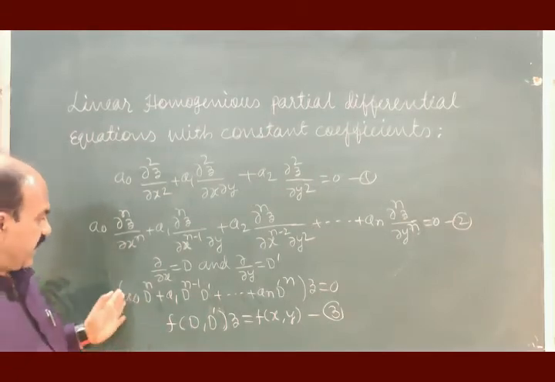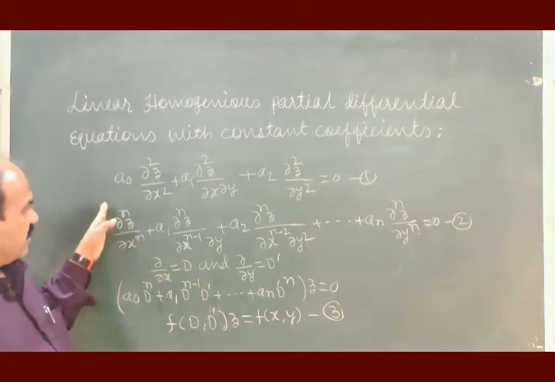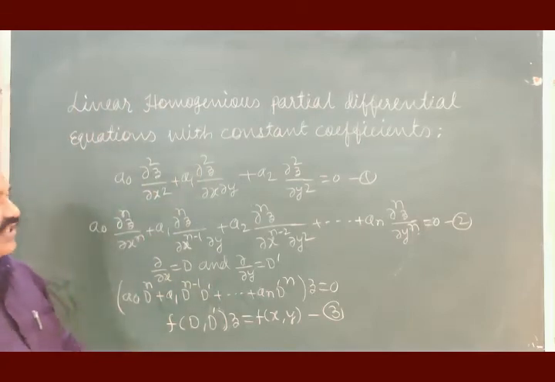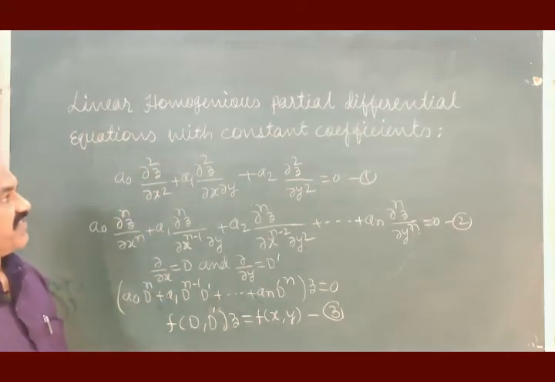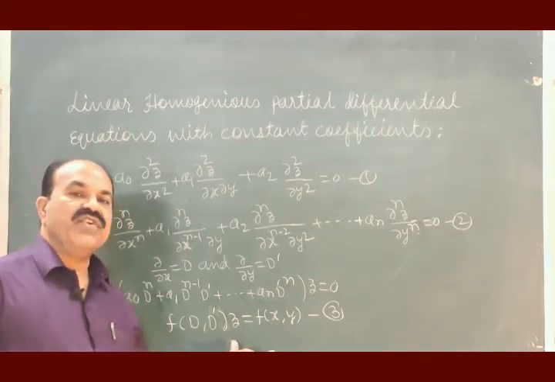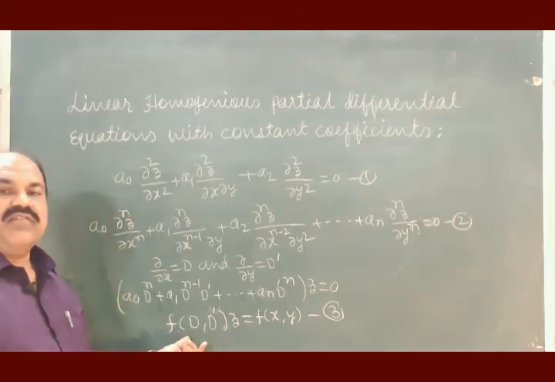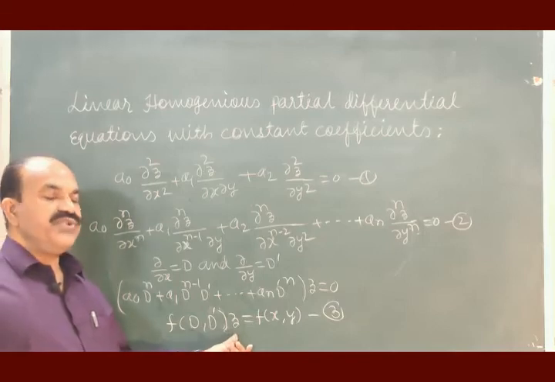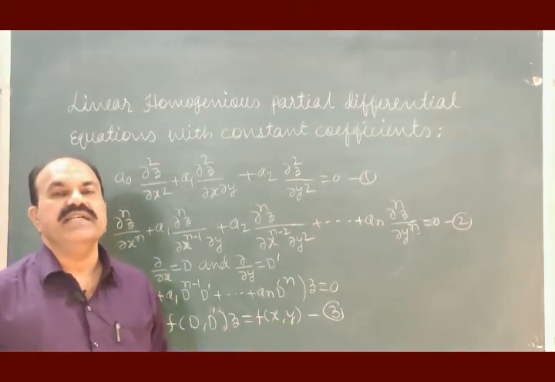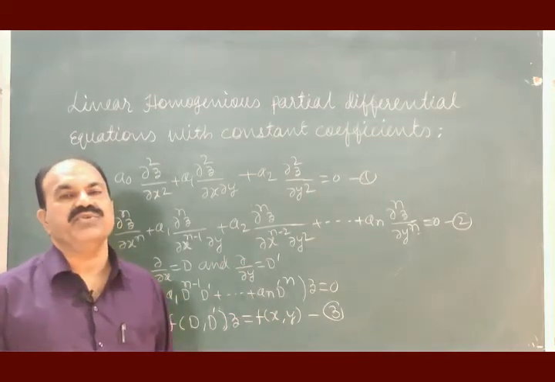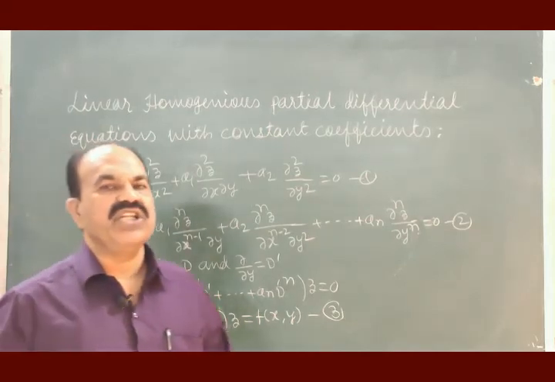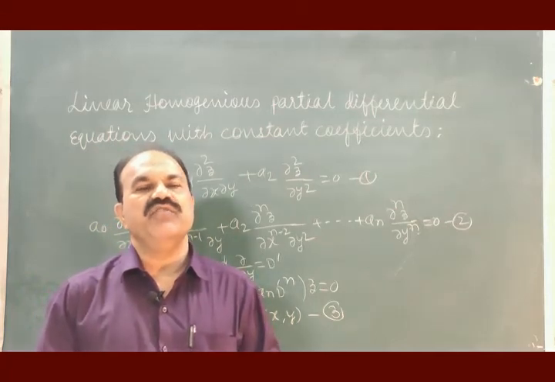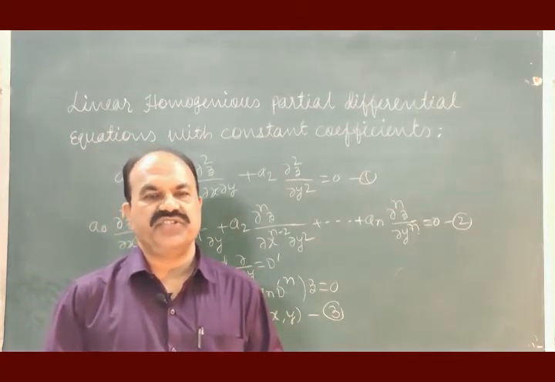And so any such equation, or any other equation which is linear homogeneous partial differential equation with constant coefficients, will always be written in this format, that is f(D, D') z = f(x, y), and this format is known as linear homogeneous partial differential equation with constant coefficients.